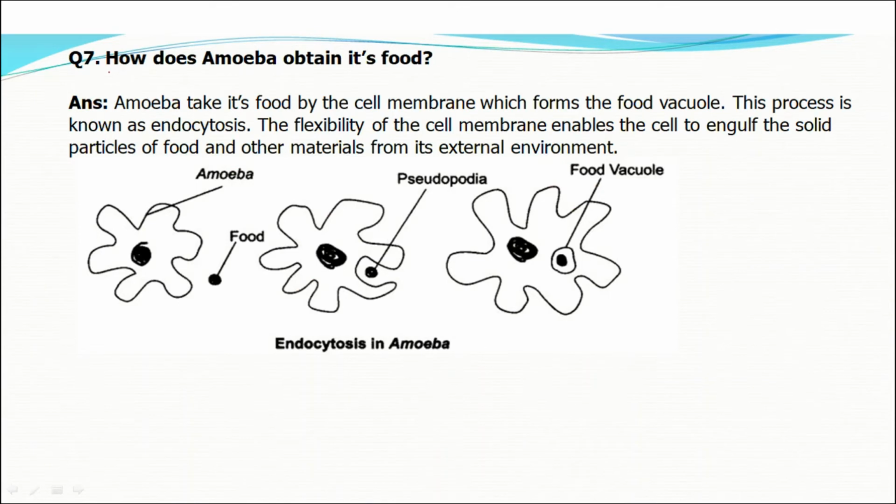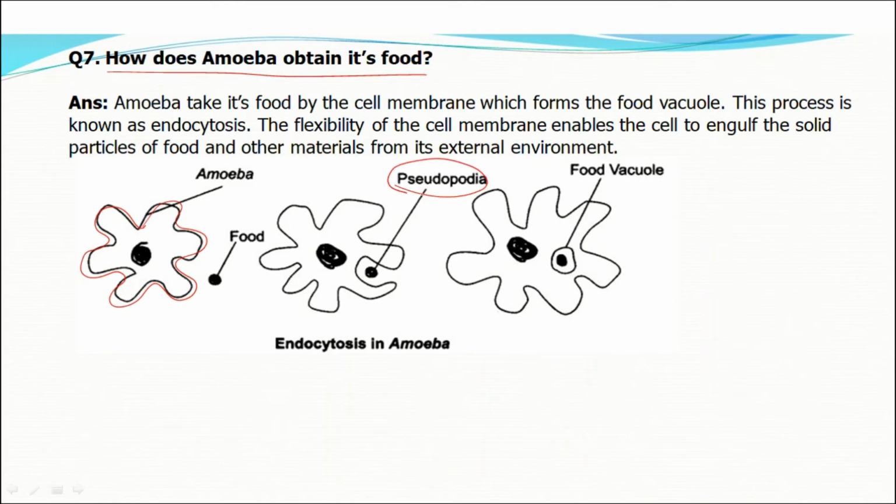Our next question is, how does amoeba obtain its food? As we all know, plasma membrane is flexible in nature. So, amoeba is able to change its shape with the help of plasma membrane, and it can form false feet, which is known as the pseudopodia.